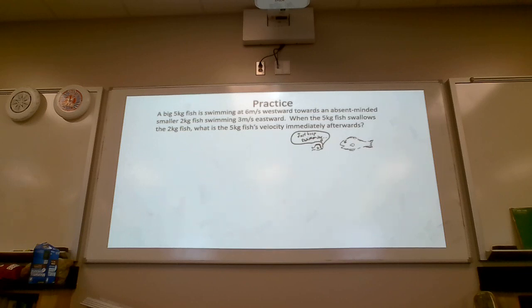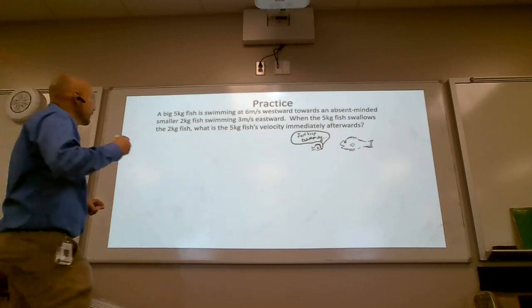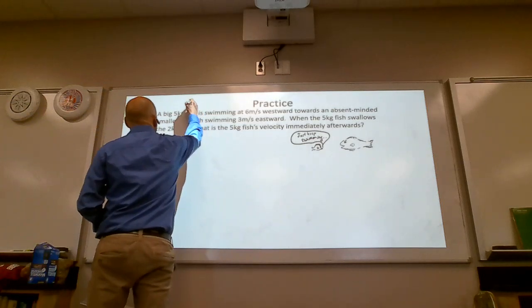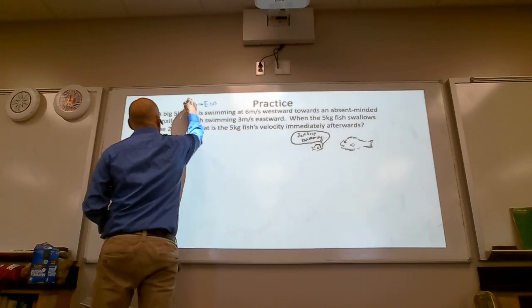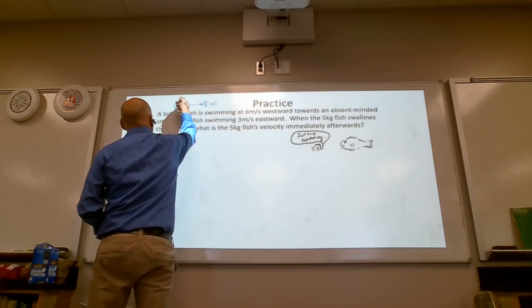But to highlight some things, I'm going to make east positive. It's going to work out fine either way, but I want to highlight something here. So east is the positive direction and west is the negative direction.